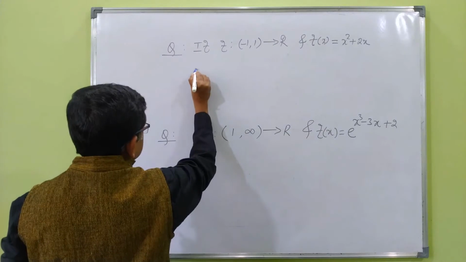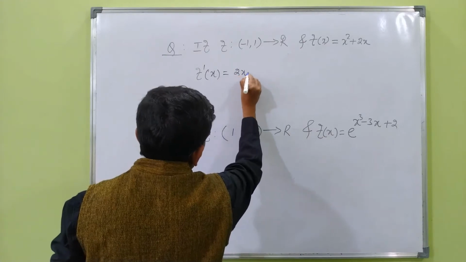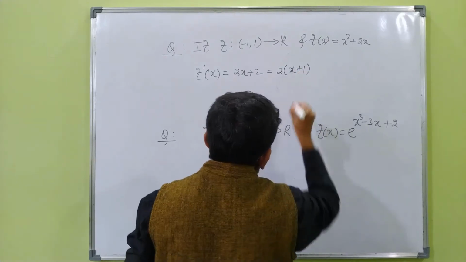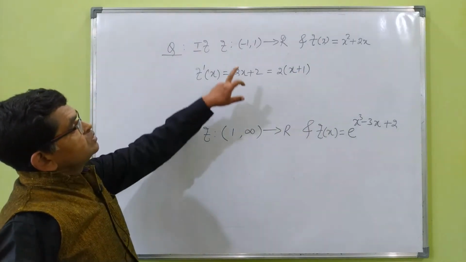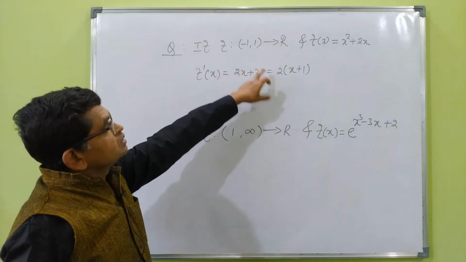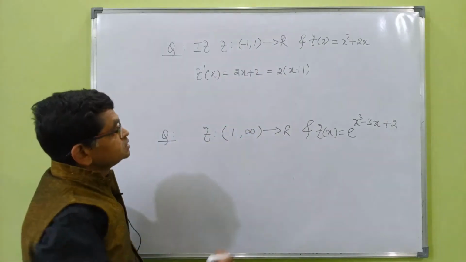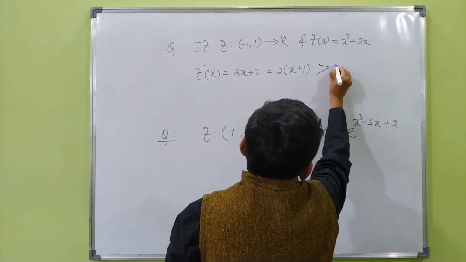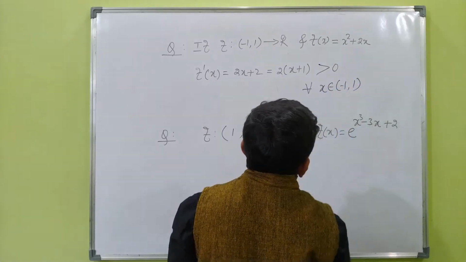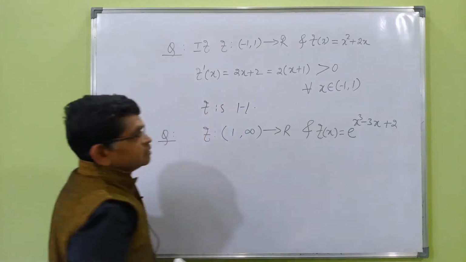So f'(x) is d by dx of that, 2x plus 2, or if you take 2 common, 2(x plus 1). For all values of x in -1 to 1, this is an open interval, not closed, so this is strictly greater than 0 for all x belonging to (-1, 1). So f is one-to-one, isn't it?